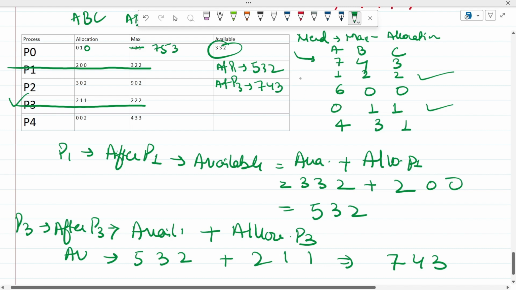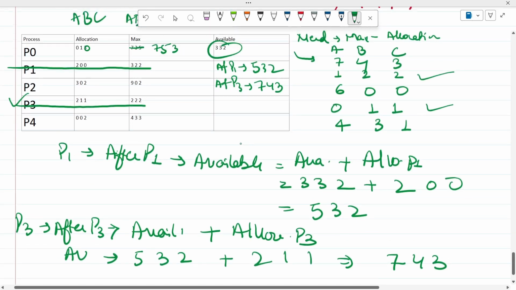You don't need to check for P0, P2 or P4 because it satisfies all the processes. So the system is definitely in a safe state. But if it asks you about the sequence, then you have to solve the question.